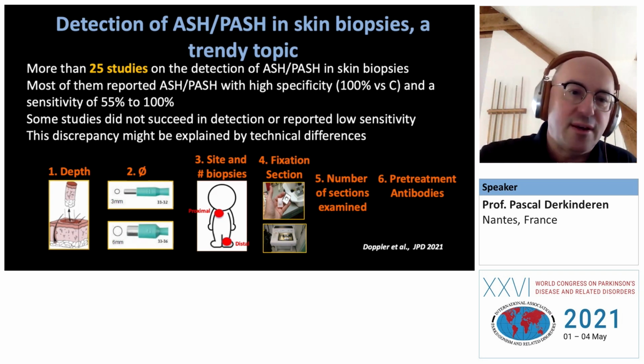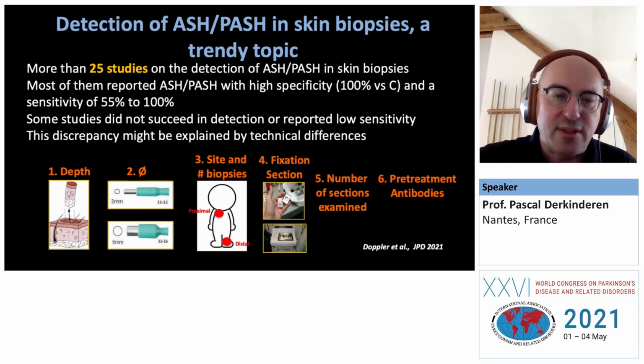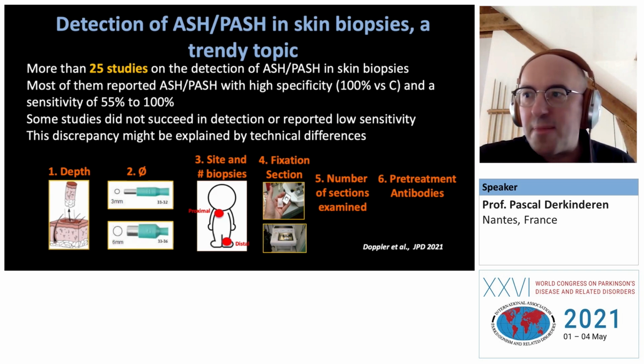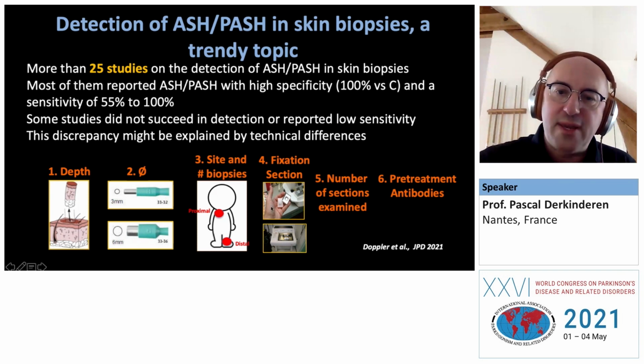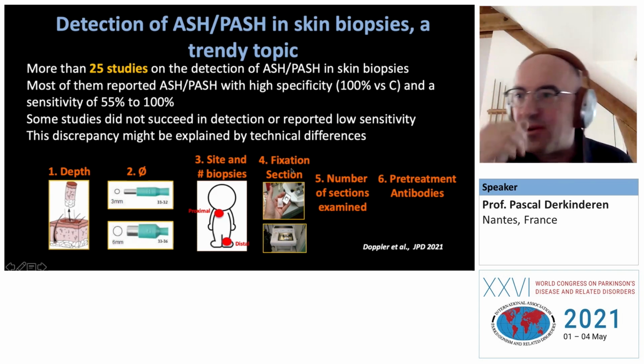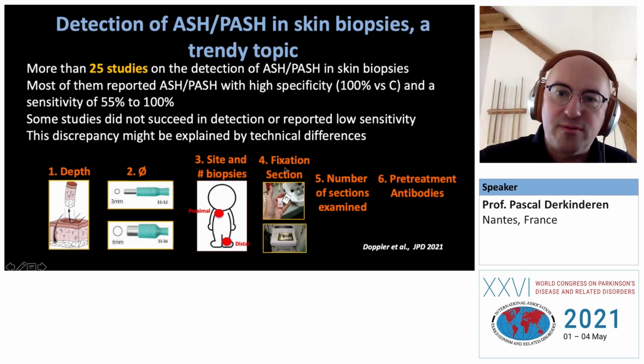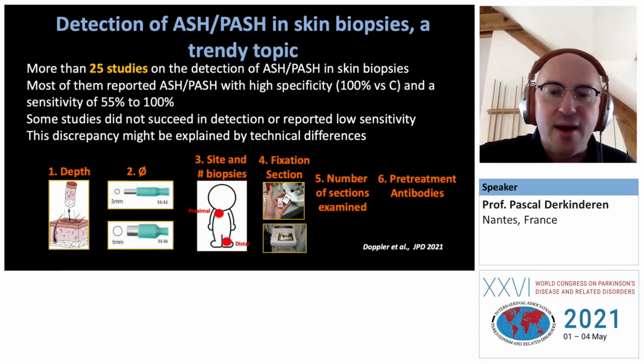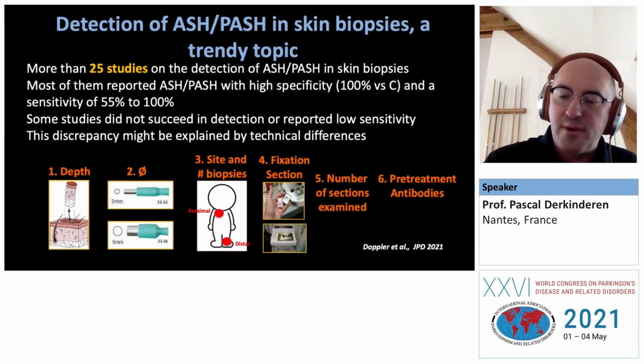For instance, the depth of the biopsies, the diameter of the biopsies, and the site of the biopsy are all different between the studies. And it seems that the critical aspect could be the fixation of the biopsy. For example, fixation with the Zamboni preservative along with cryosection is likely to be the best approach in terms of sensitivity.